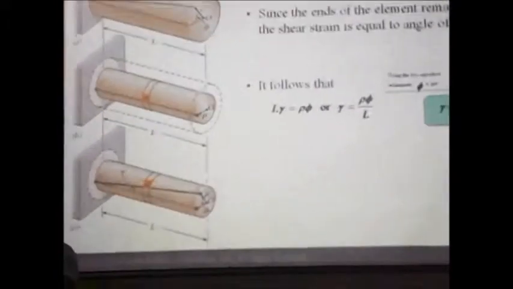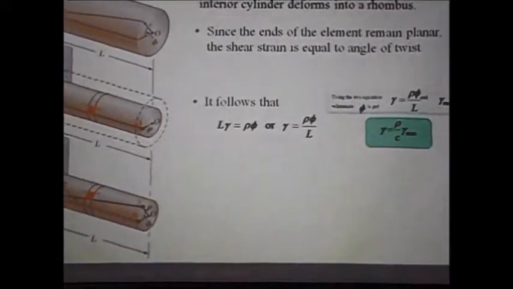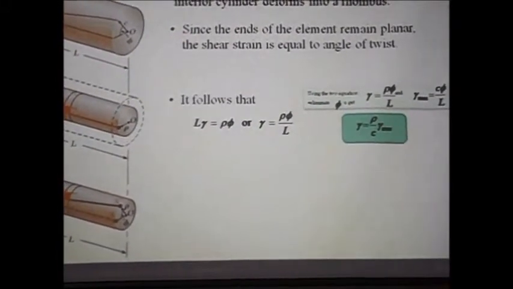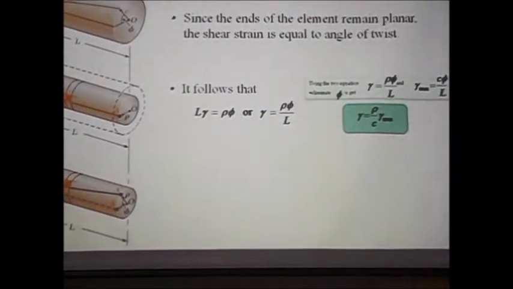So we can conclude that gamma equals rho over C multiplied by gamma max.